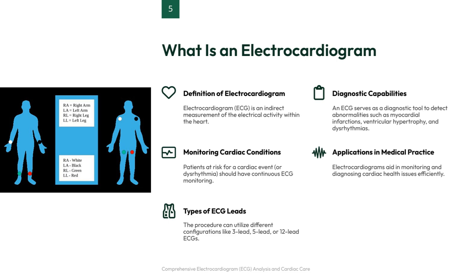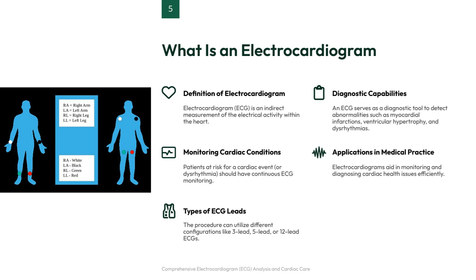There are different types of ECG leads that can be used depending on the situation: 3-lead, 5-lead, and the more comprehensive 12-lead configurations, each providing varying levels of detail about the heart's activity. The diagnostic power of an ECG is significant. It helps identify conditions like heart attacks, ventricular hypertrophy, and arrhythmias. Overall, ECGs are an indispensable tool in medical practice, offering a straightforward and efficient method for monitoring and diagnosing heart health.